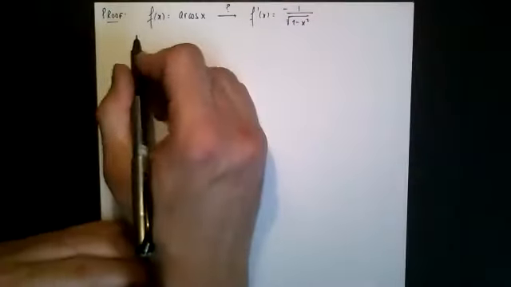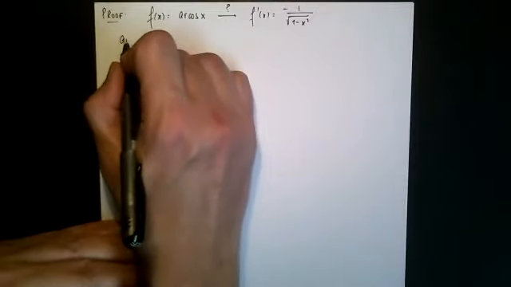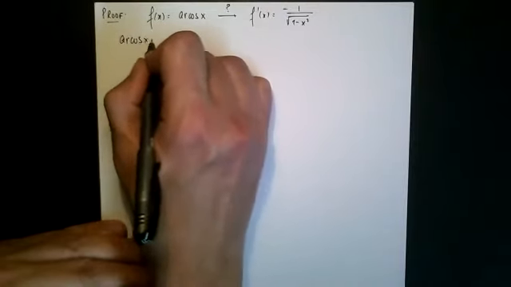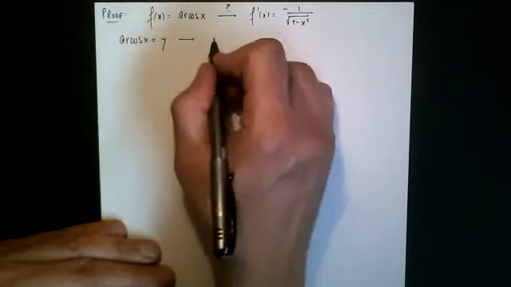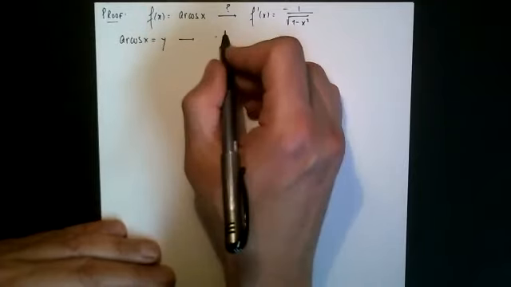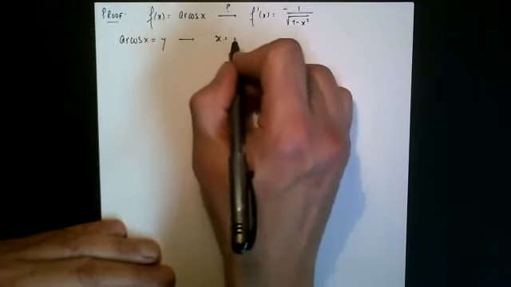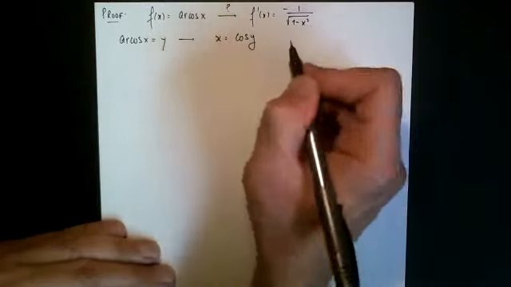Okay, so let's go again. Arc cos x equals y. This means that x is equal to the cos of y.